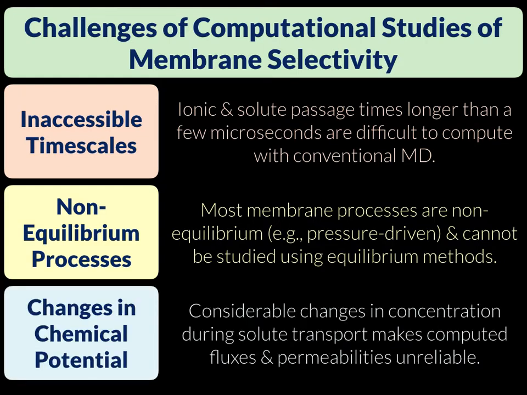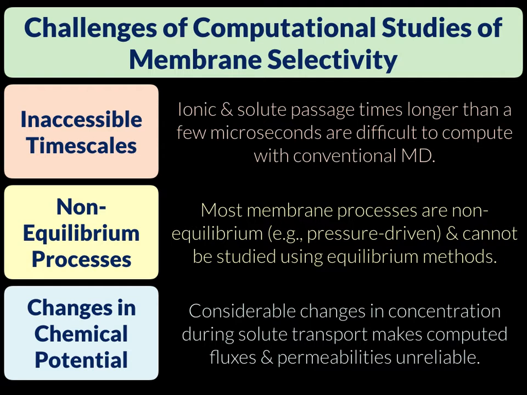And the third issue is that when we are studying membrane separation processes, we are dealing with two or more reservoirs that are separated by a membrane. These reservoirs are technically open systems. If you have a truly selective membrane, the number of molecules within these reservoirs can change considerably.